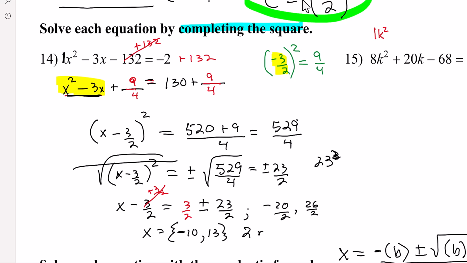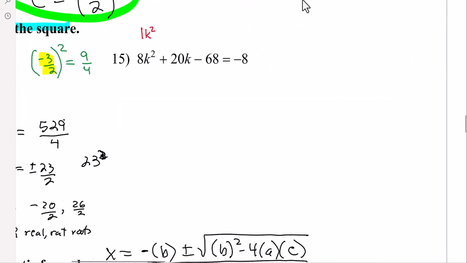So that would be 2 real rational roots. And that graph, negative 10, positive 13, that graph is going to be doing something like that.